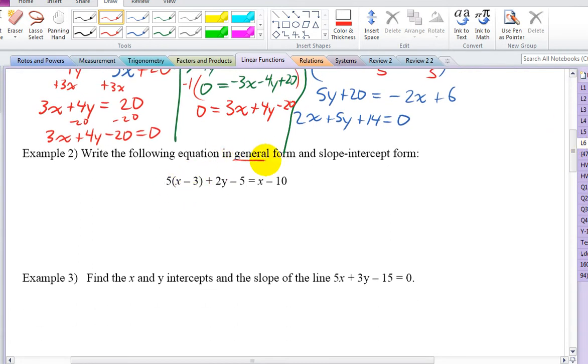Here's the equation. Let's put it into general form first. So multiply, collect like terms, put everything on the left. Go. Okay.